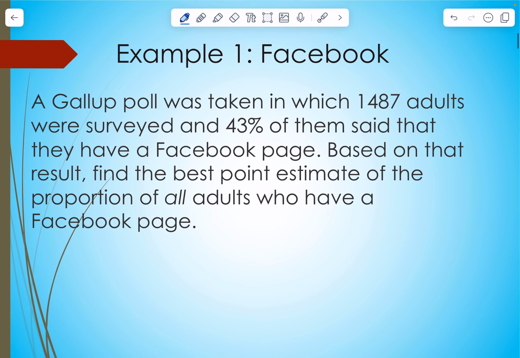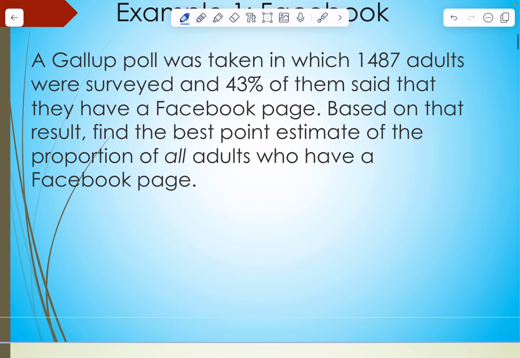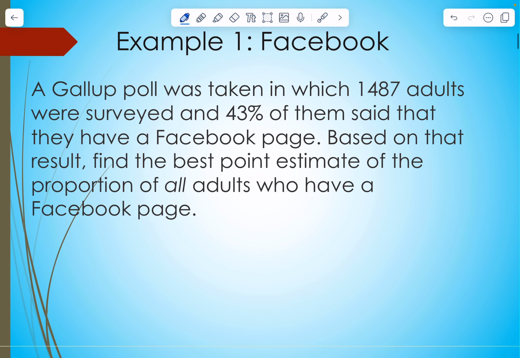Okay, let's take an example. A Gallup poll was taken in which 1,487 adults were surveyed, and 43% of them said that they have a Facebook page. Based on that result, find the best point estimate of the proportion of all adults who have a Facebook page.